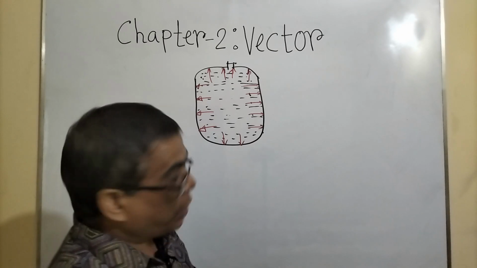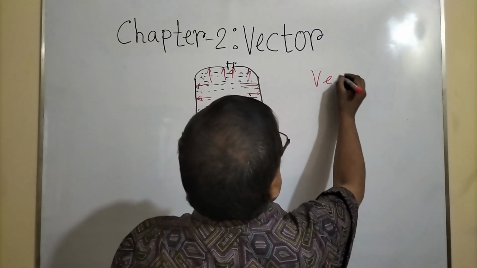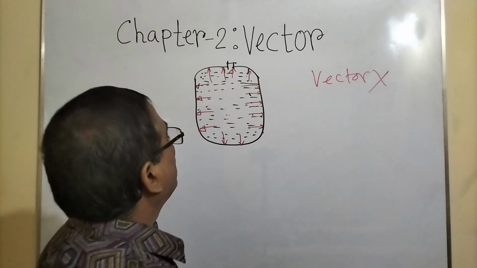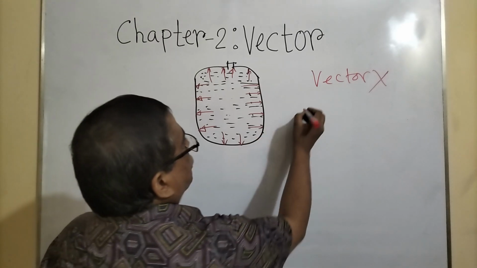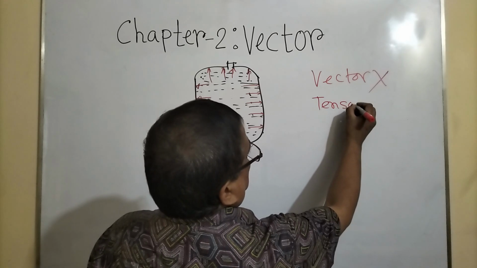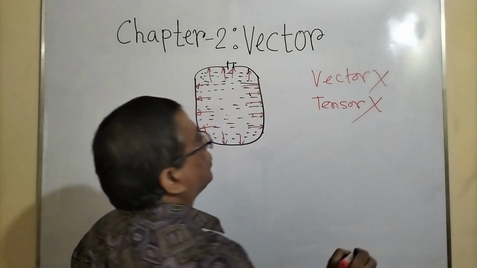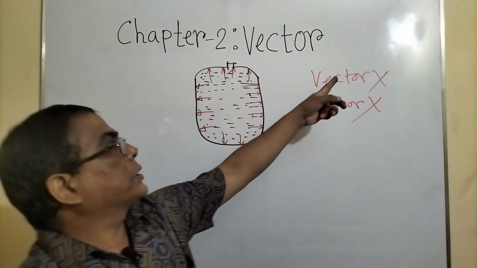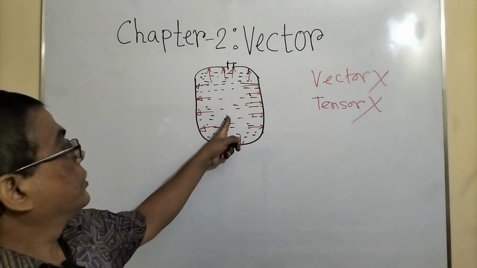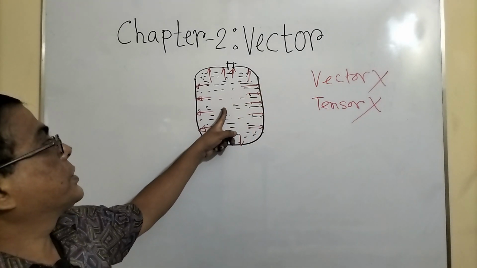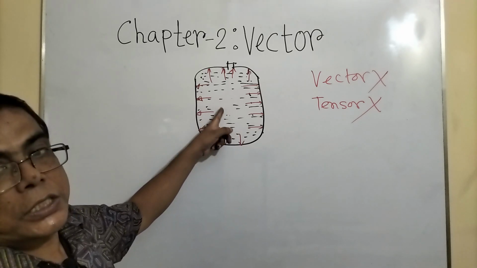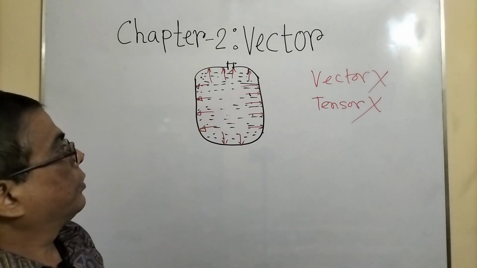So it is not a vector quantity. It is also not a tensor quantity, because a vector quantity has only one magnitude and one direction, but here the magnitude is the same and the directions are different.